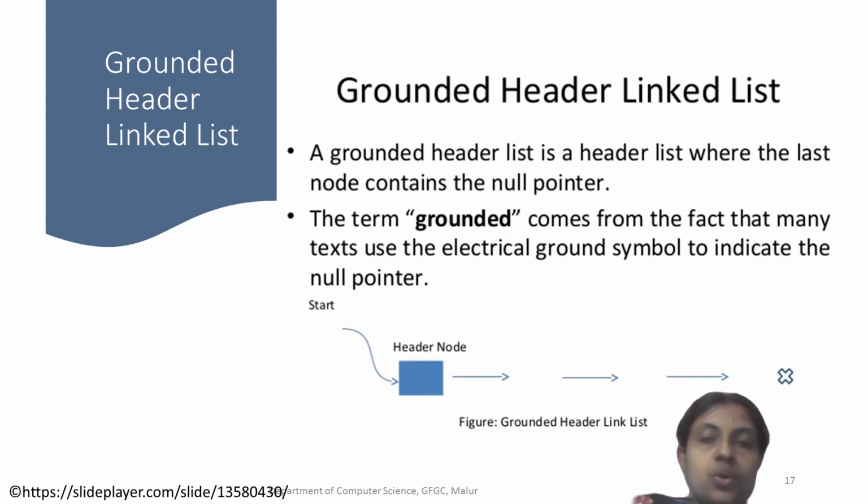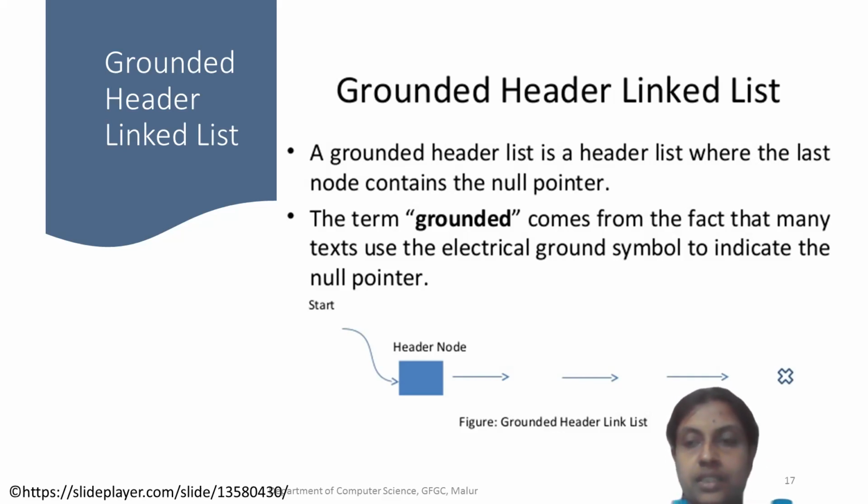So next to the last node, there will be a null pointer available to tell that this is the end of the linked list. Here the last part will be maintained as a null value to tell that it is the end of our linked list.